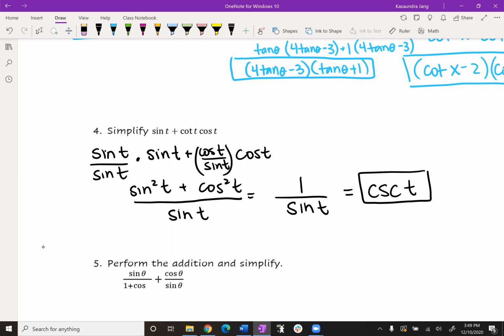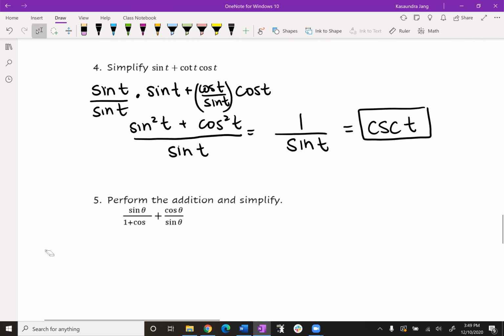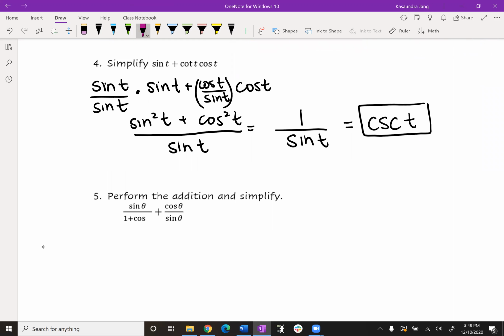All right, and we're going to do one more here. Number 5, we're going to perform the addition and simplification. So let's add these together first. These are fractions. If I want to add fractions, I need common denominators. So we got to mess with that real quick. I'm going to multiply this times sine of theta over sine of theta.